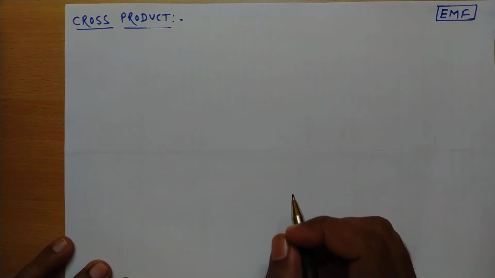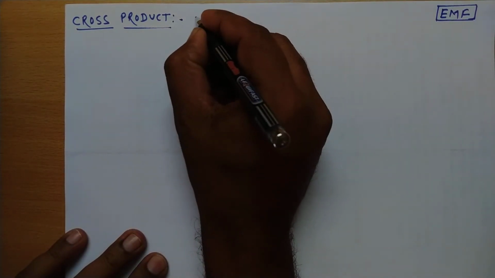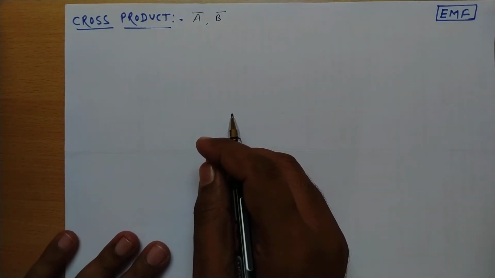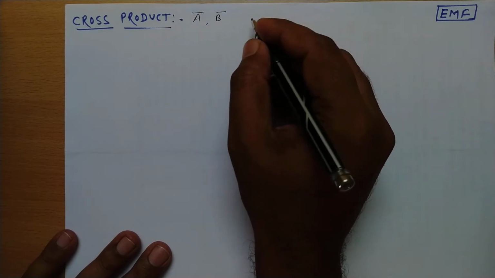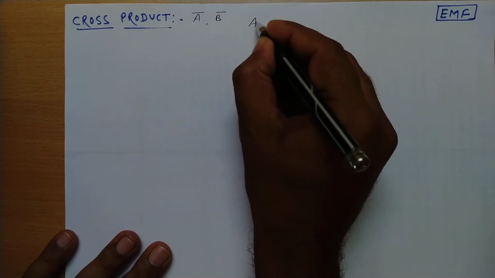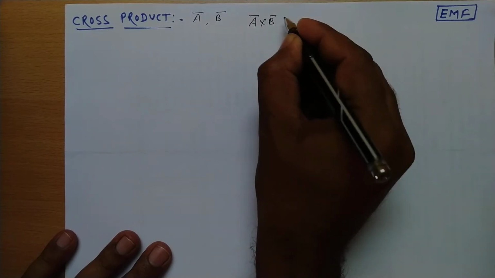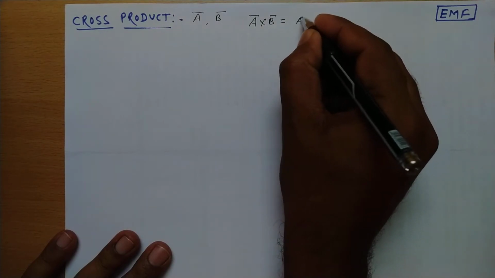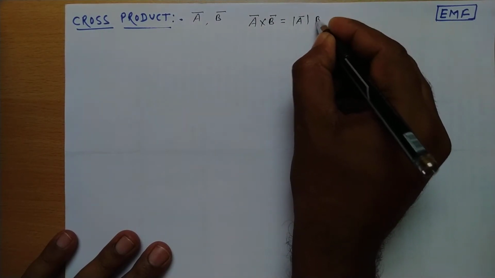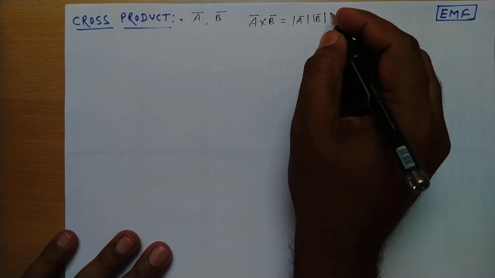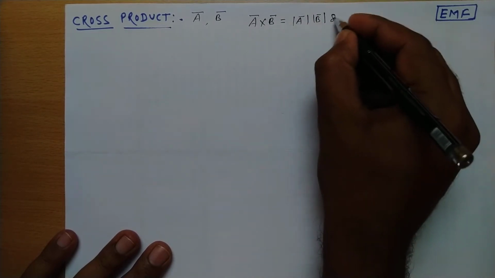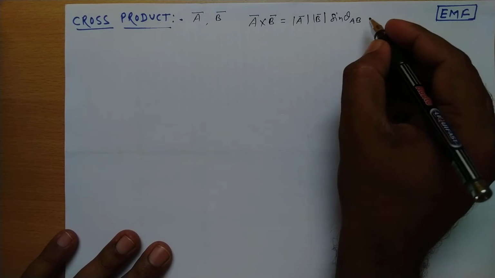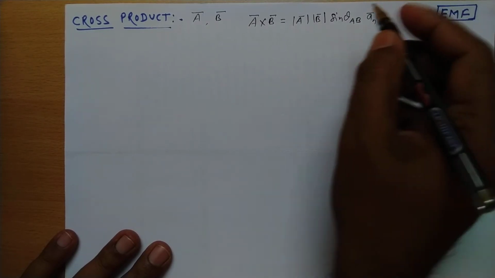Now if I assume there are two vectors, vector A and vector B, the cross product of these two vectors can be defined in equation form as A cross B is equal to the mod of A, the mod of B, sine of theta between A and B, and a unit vector an.